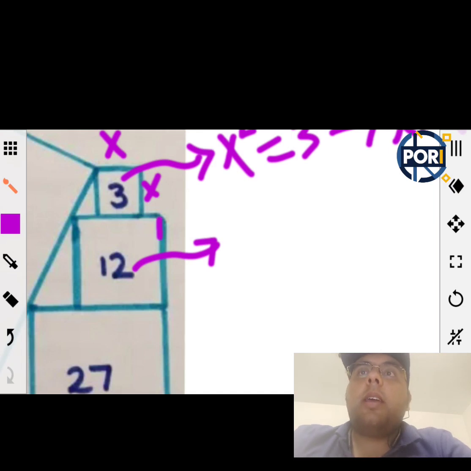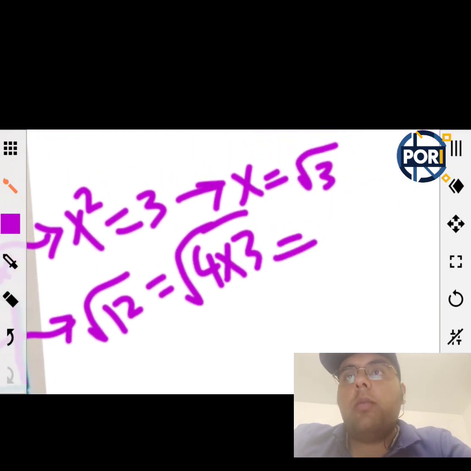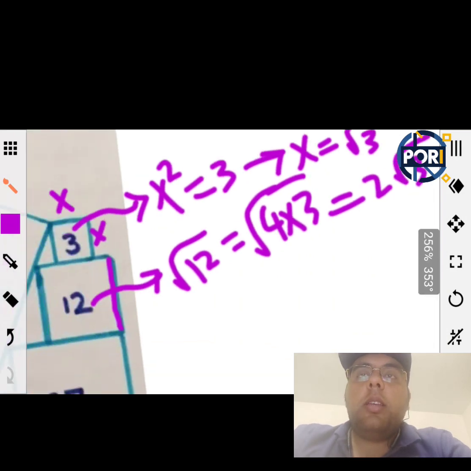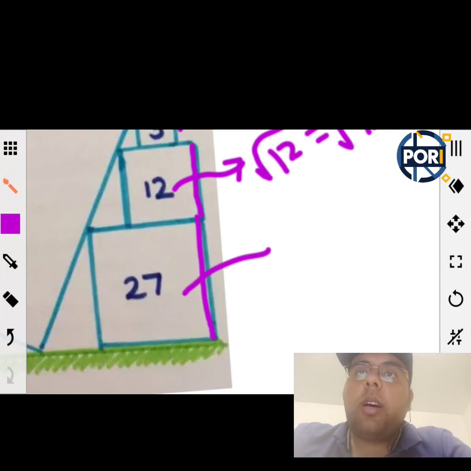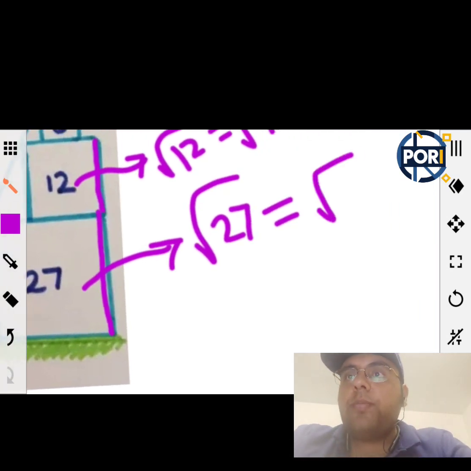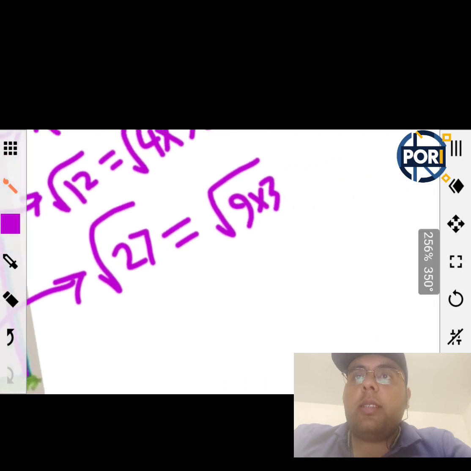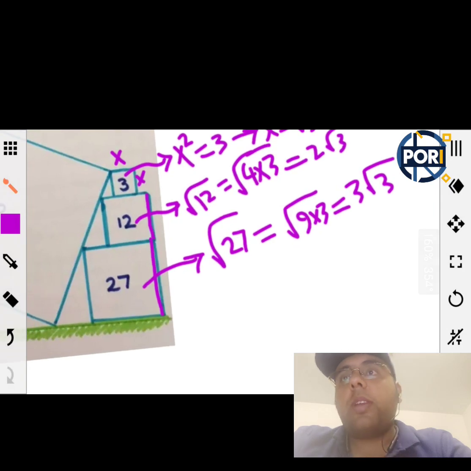As explained above, the side length of the middle square is the square root of 12, which simplifies to 2 times the square root of 3, and for the bottom square, the side length is the square root of 27, or 3 times the square root of 3.